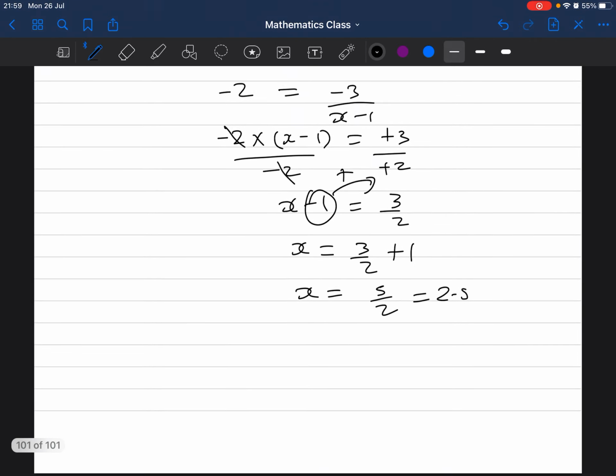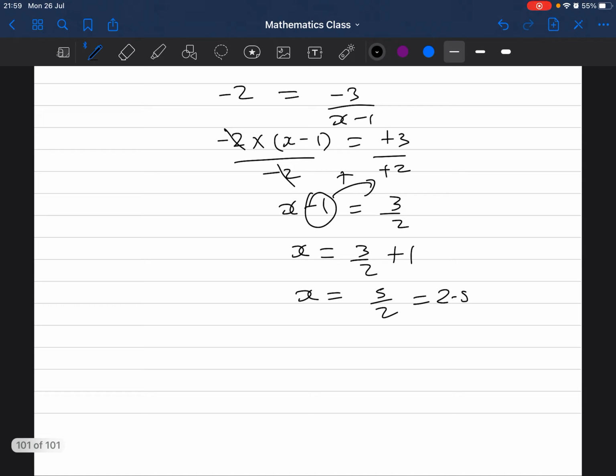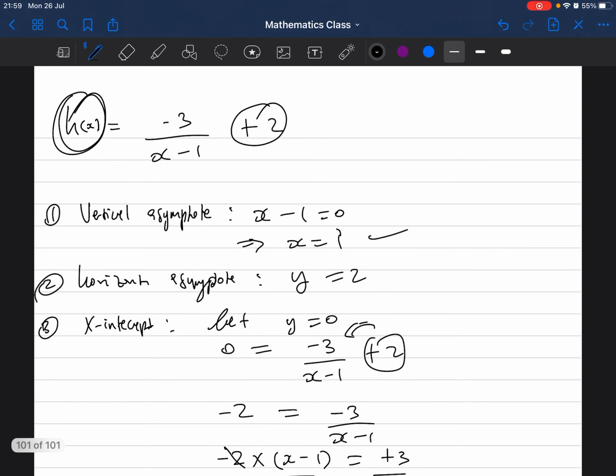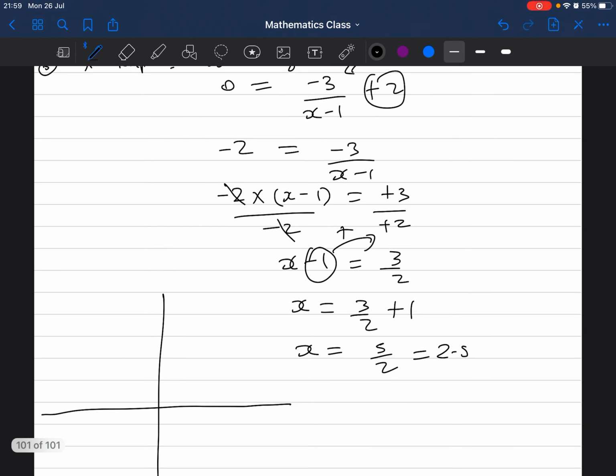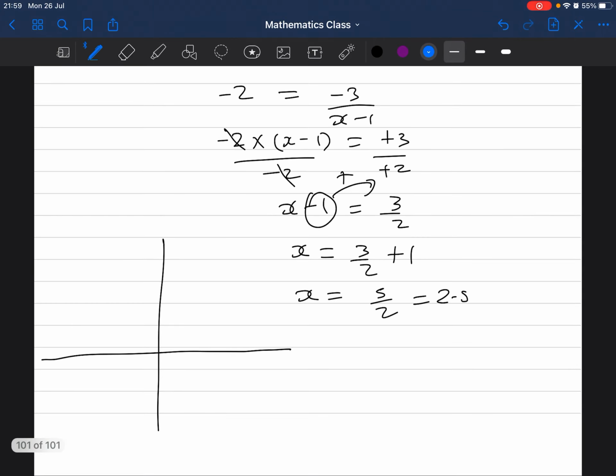Let's try and throw it somewhere here. Okay, so what is your vertical asymptote? X equal to 1. That's your vertical asymptote. Somewhere here there's 1. So we draw the vertical asymptote.